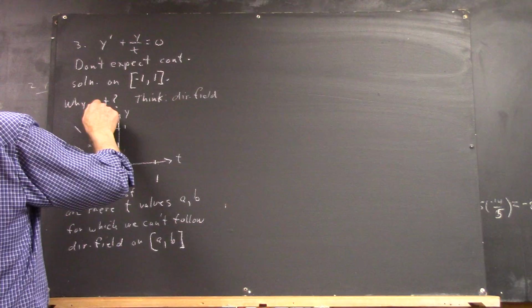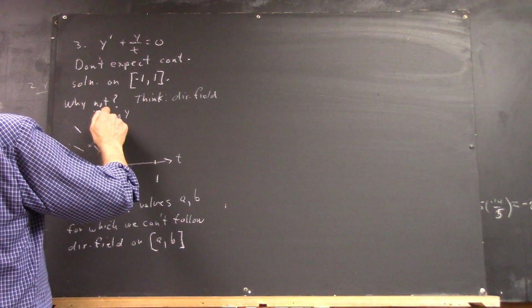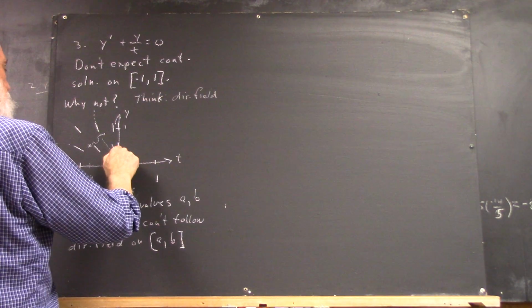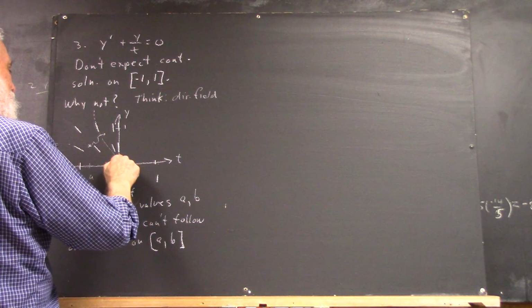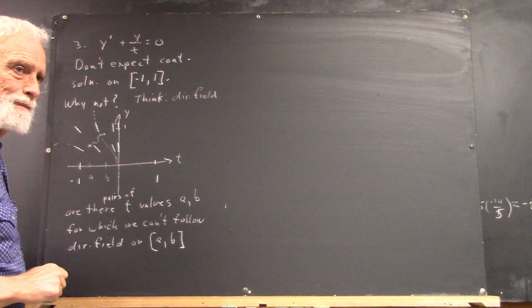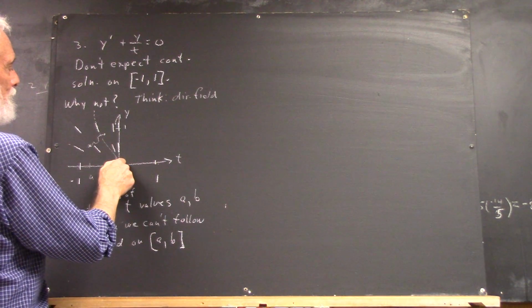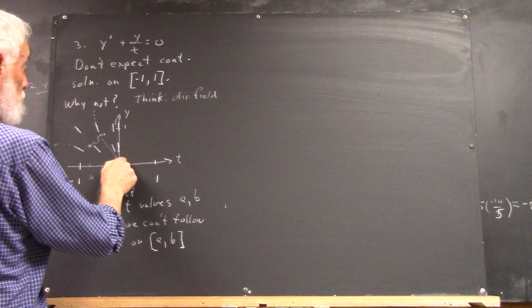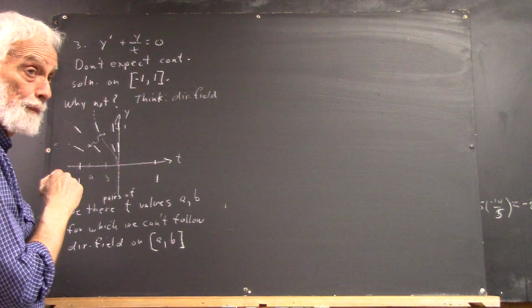So, for example, if you follow this curve, the slope might do something like this, but it's going to approach infinite steepness here, okay? It's never going to cross the y-axis, right?